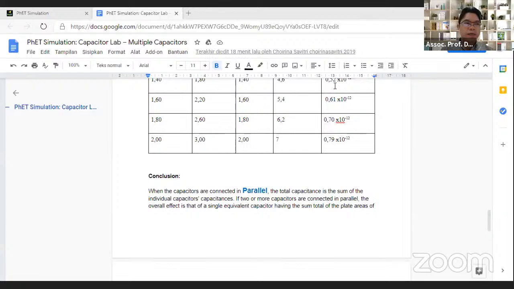If you record 10 to the power of minus 13, you should keep that. If you change to 10 to the power of minus 12, you may find it more difficult to see the patterns of the relationship between the capacitors and the total capacitance.